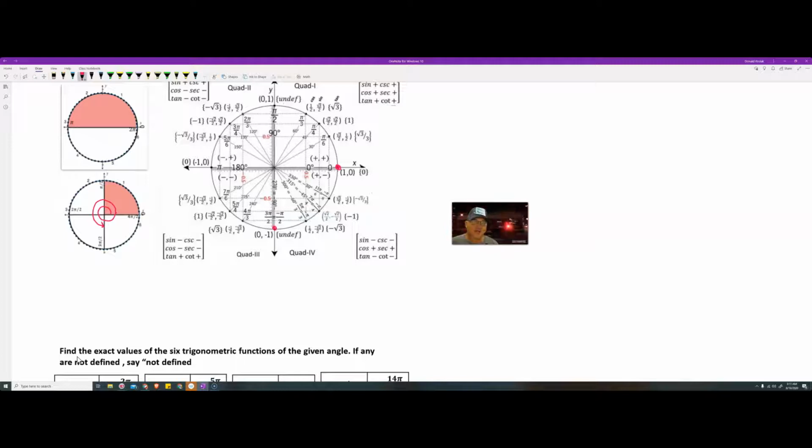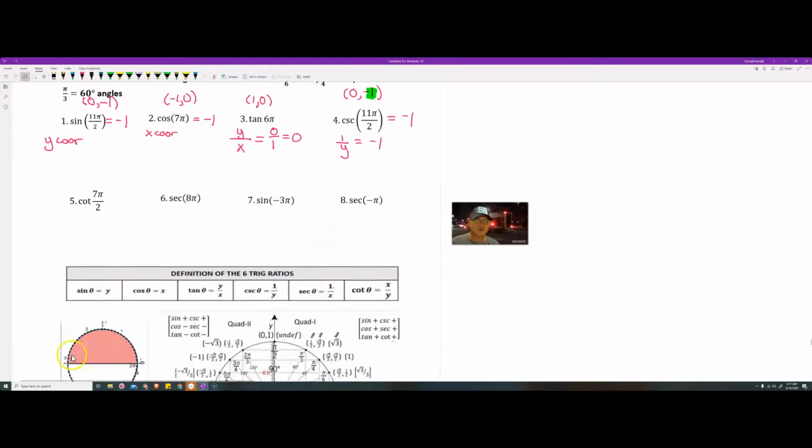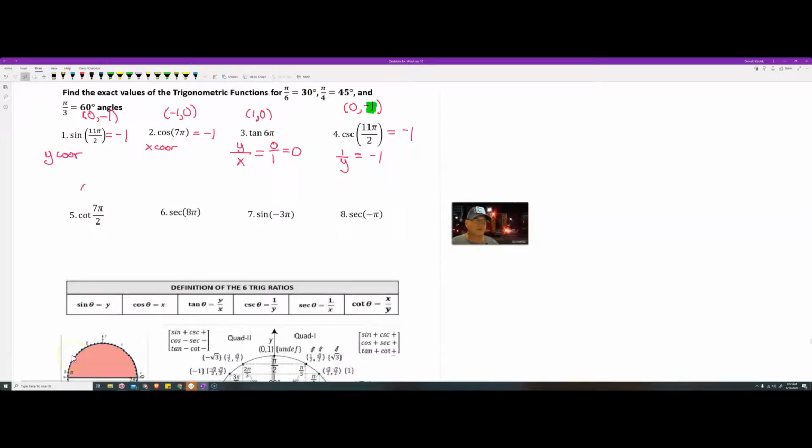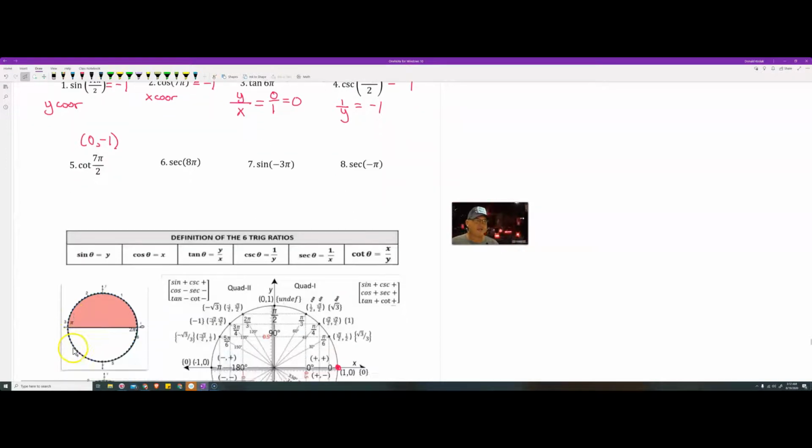It would wrap, and its endpoint would be at 0, -1. And cotangent is x over y. So that would be 0 divided by -1, which is 0.